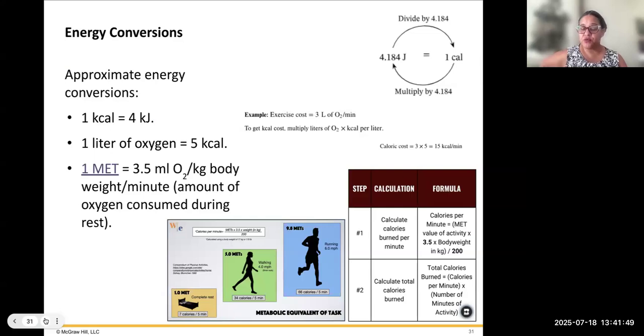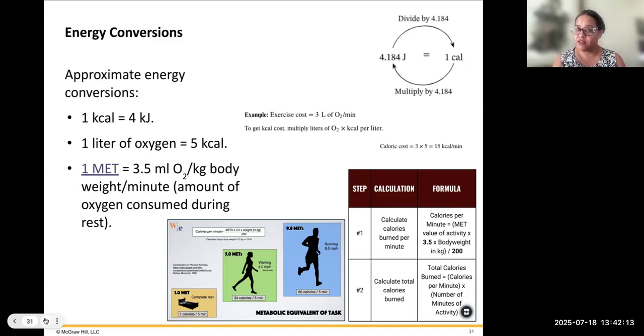So energy conversion, 1 kilocalorie equals approximately 4 joules, so 4.184 joules. You can either multiply by that or divide by that, depending on if you're going from calories to joules or joules to calories. 1 liter of oxygen burns about 5 calories, or to convert, 1 liter of oxygen takes about 5 calories of energy.